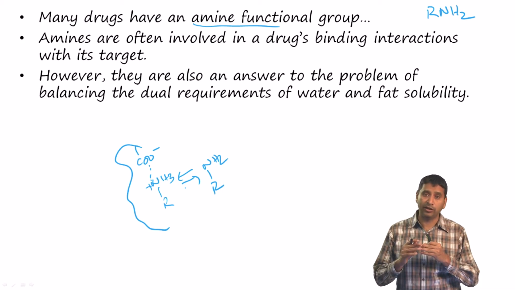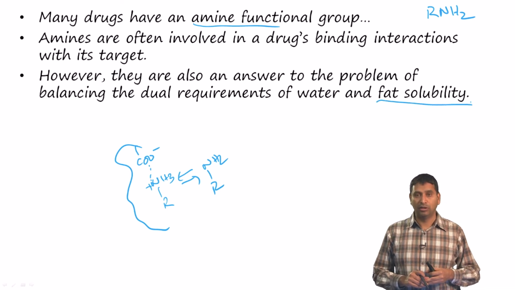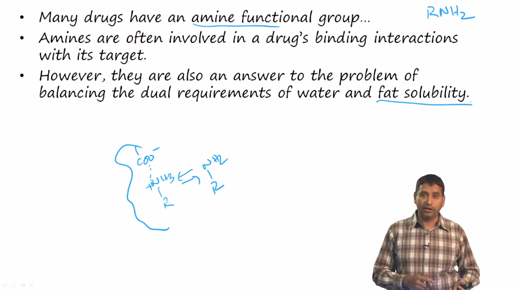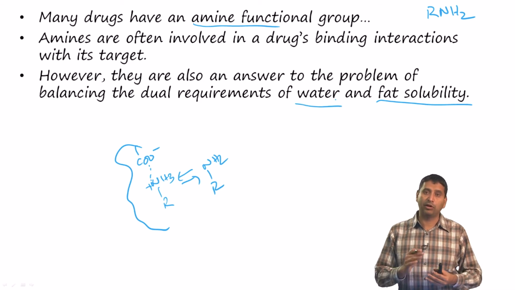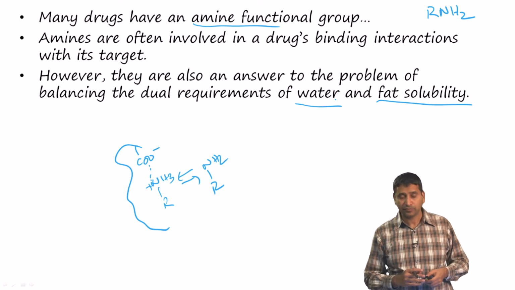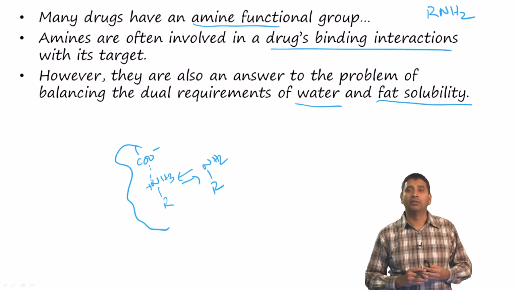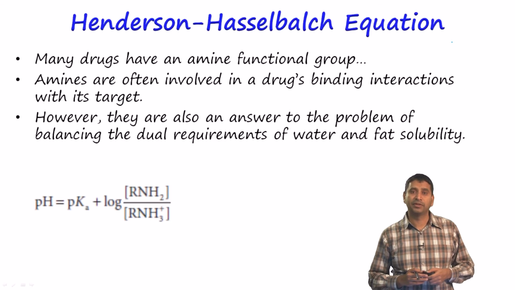So, when they are in the neutral form, they can actually be fat soluble, and when they are protonated, they can actually be water soluble. So, this balancing of the requirements can be achieved by amines, which is why amines are very commonly found in many drugs. Furthermore, amines are also excellent in binding interactions.